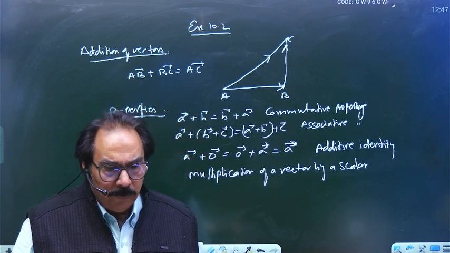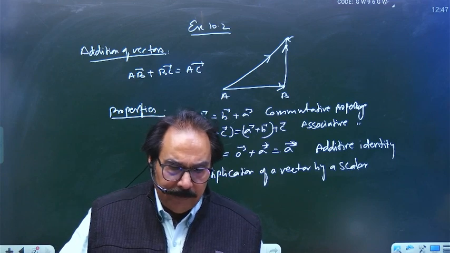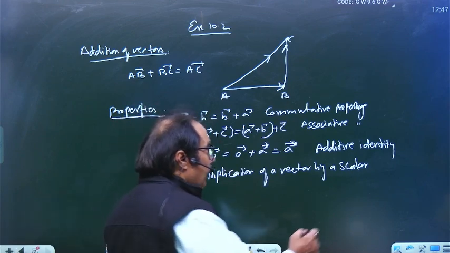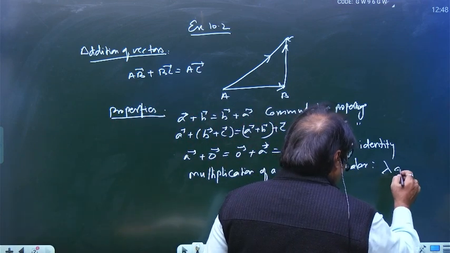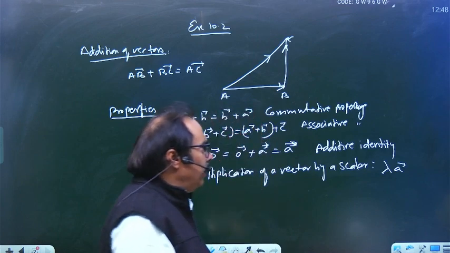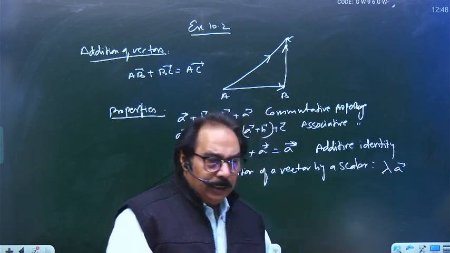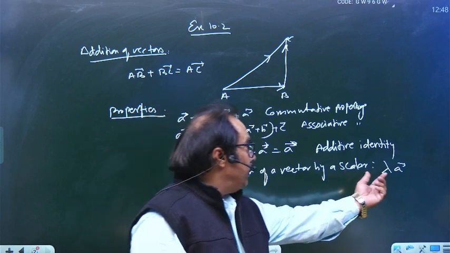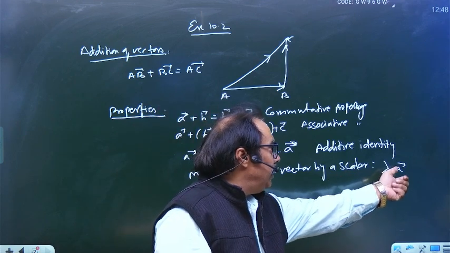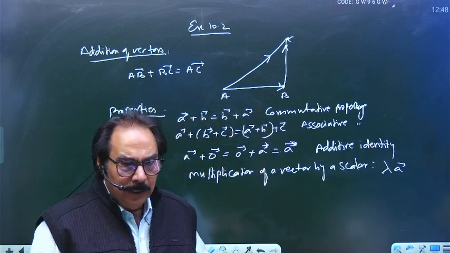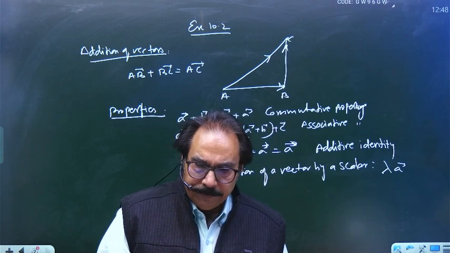The product of vector A by the scalar lambda is denoted by lambda A vector, where lambda is any scalar and A is any vector, and the scalar is multiplied with the vector.